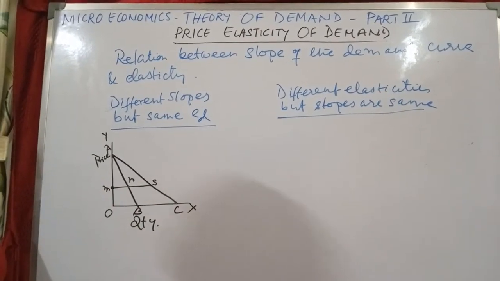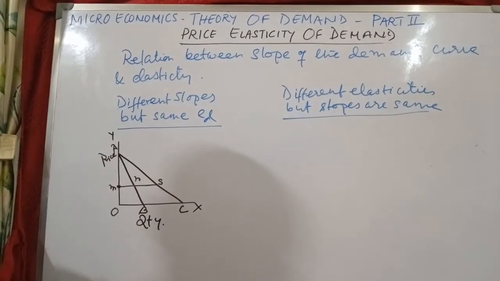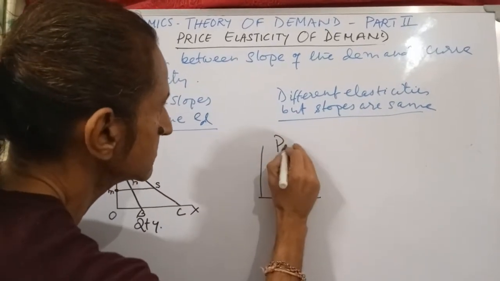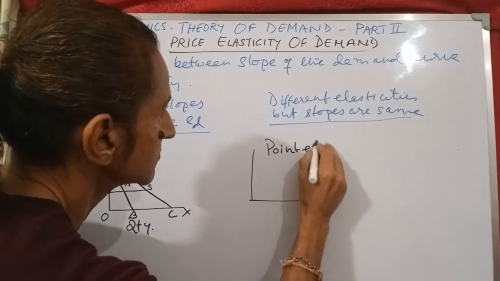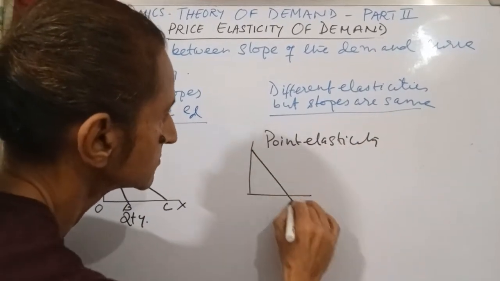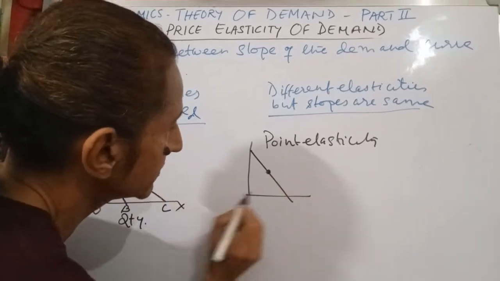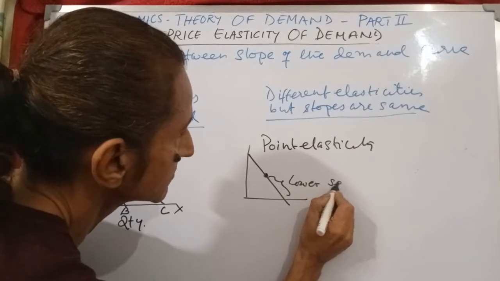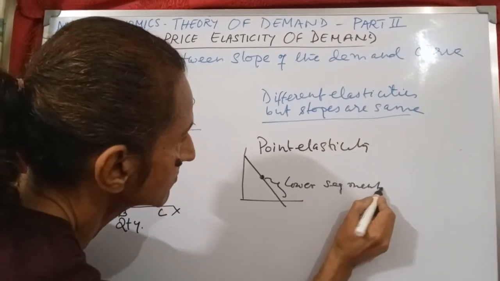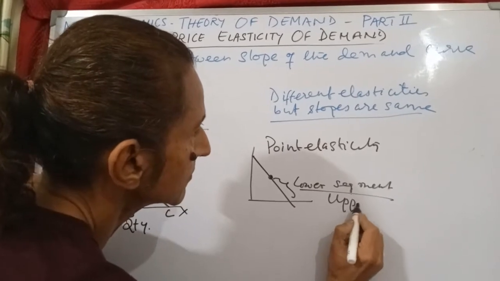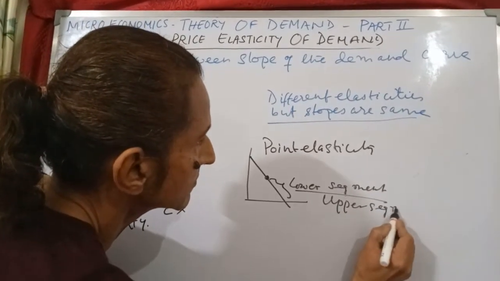So for a quick recap, point elasticity at any point is equal to lower segment by upper segment.